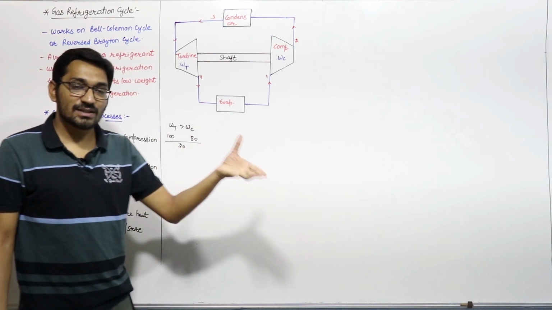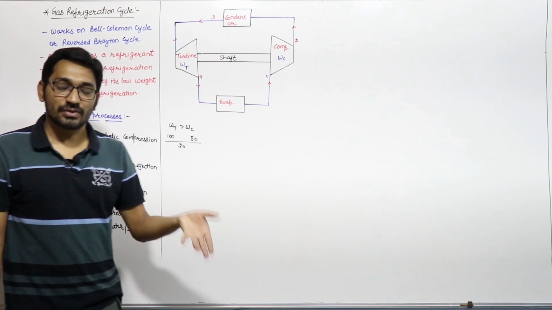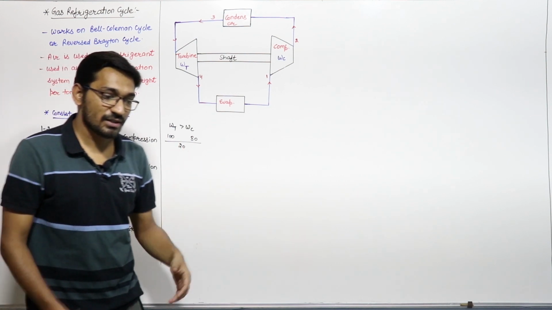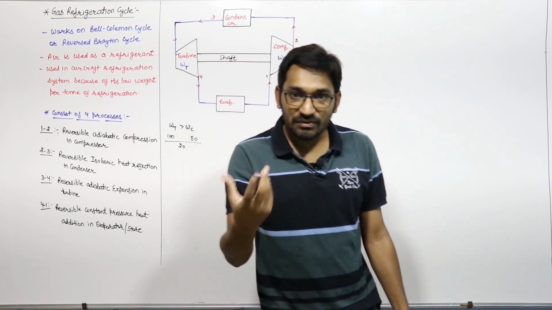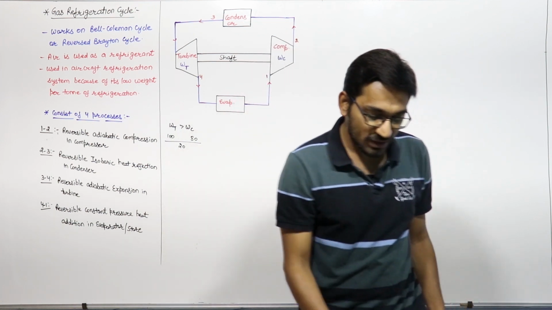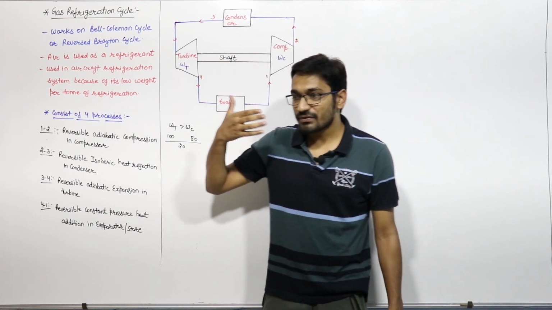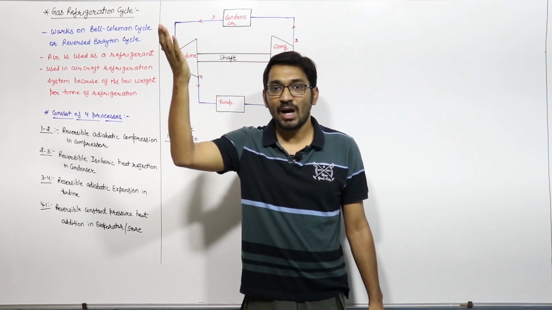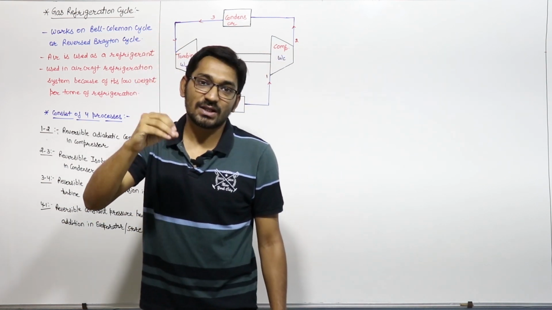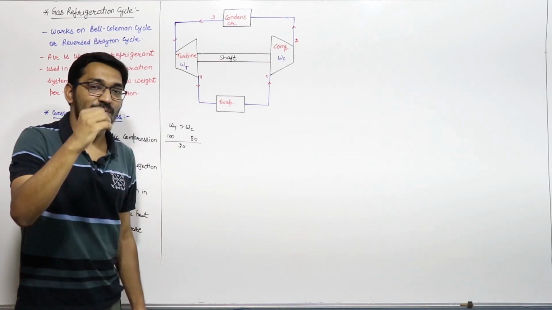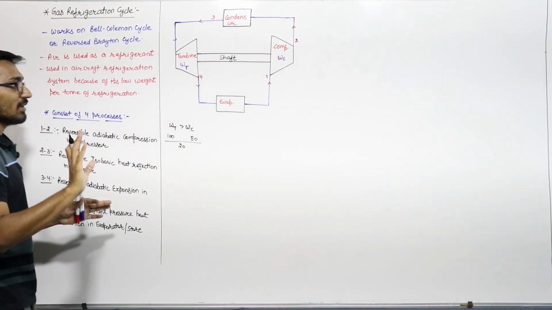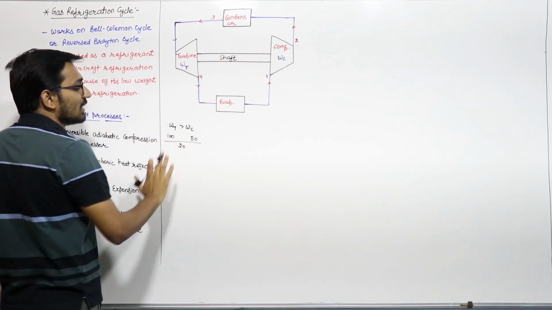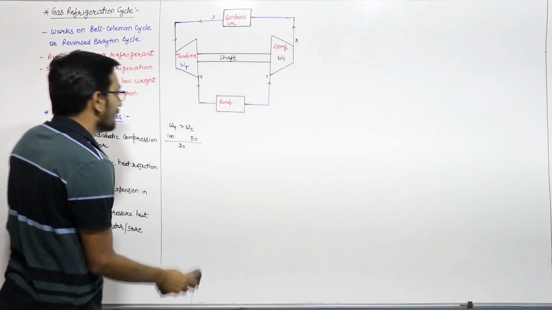So this is the violation of the Clausius statement, because the Clausius statement says that if there is any device which is used to transfer the heat from lower temperature to higher temperature, then it must consume some work. So that is understood that this WC will be more than WT, right?